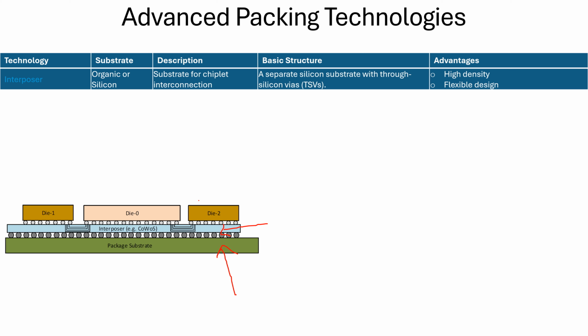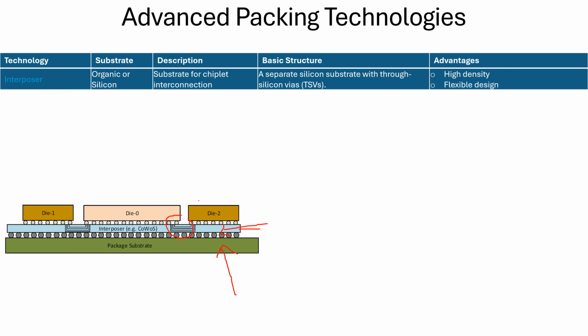This interposer is silicon. We can call it a substrate for chiplet interconnection. The interconnections are happening on this substrate. So it is a separate silicon substrate with through silicon vias, TSVs.